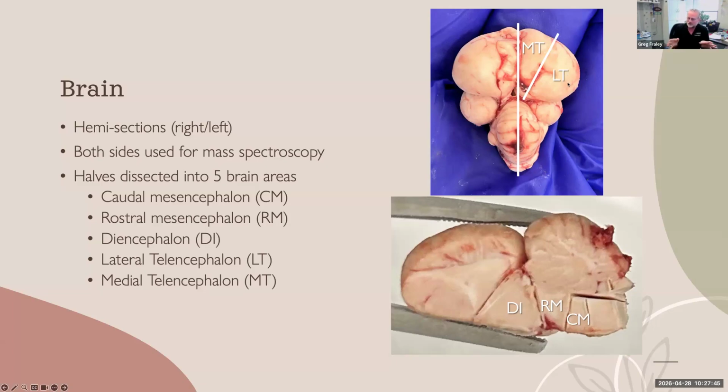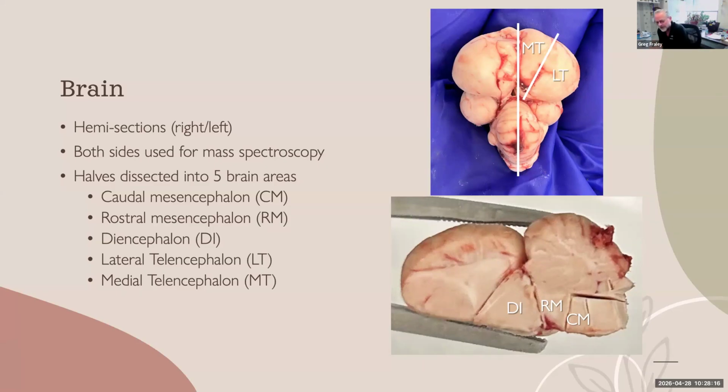The medial component is primarily the hippocampus, which is most well known for its involvement in memory formation. But as the previous talk described, it is a very important component of the limbic system. And the lateral telencephalon includes areas in the bird brain comparable to the nucleus accumbens, which is associated with motivation, reward, and addiction, and also the amygdala.